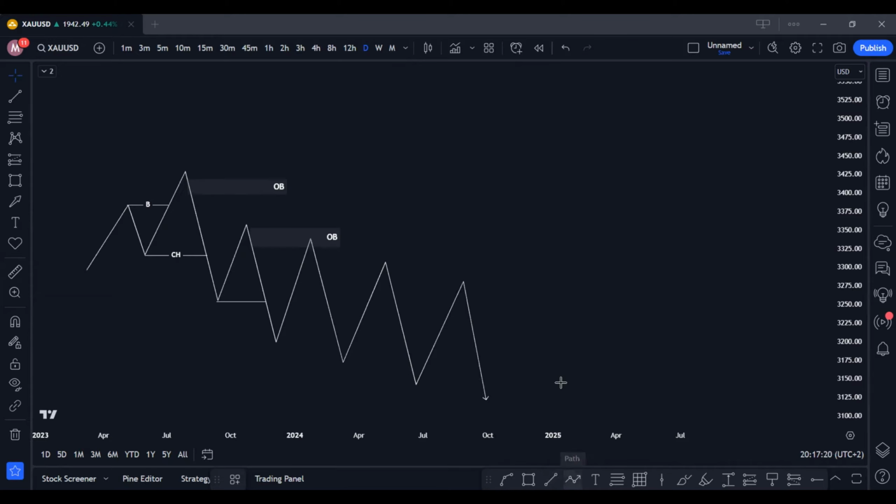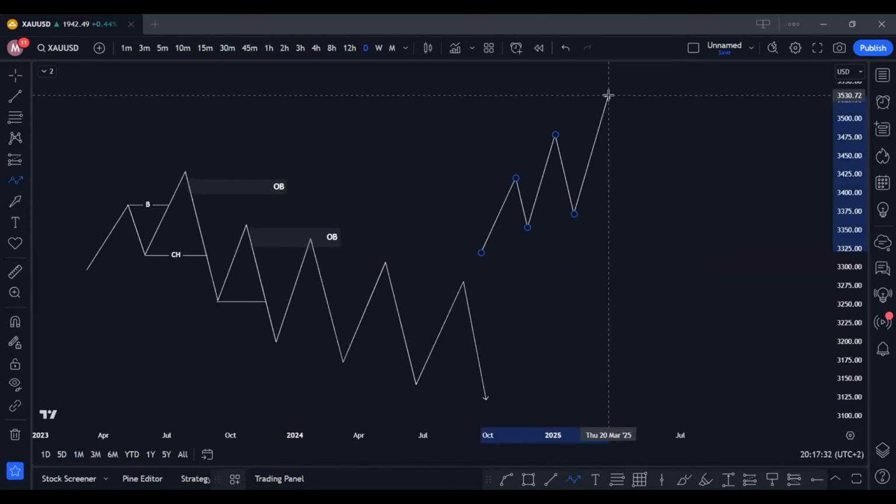If price doesn't give you a change of character, it's going to give you an SMS, meaning that if you're in a bullish trend like this, and price is currently ranging at this area here, and price creates this higher low here, but then price doesn't violate our previous higher high, but then violates our previous higher low, you're going to have something like this.